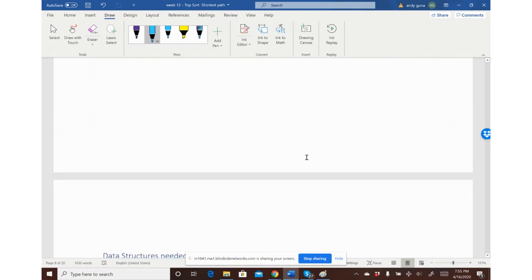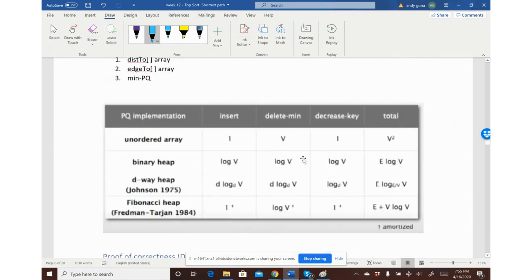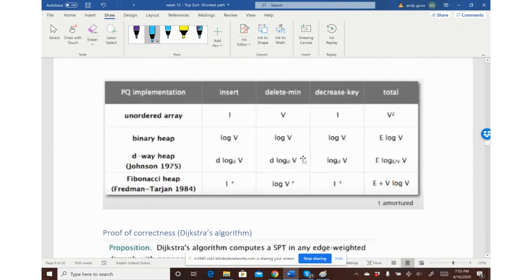Let me show you a few things about this. These are the complexities of implementation of the priority queue of the Dijkstra algorithm. What I discussed was the binary heap implementation. And here you only see E log V because you can drop some terms since they're smaller.